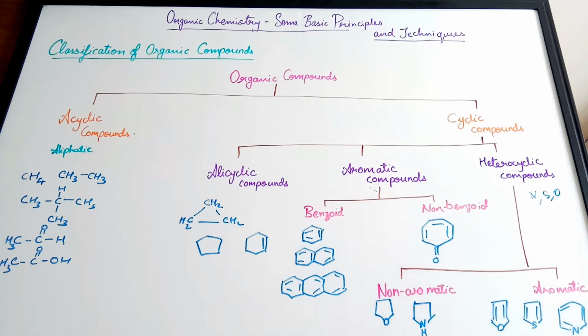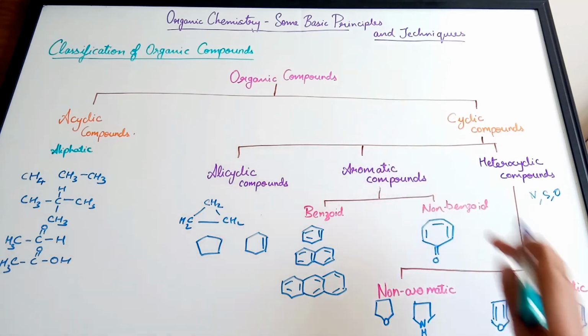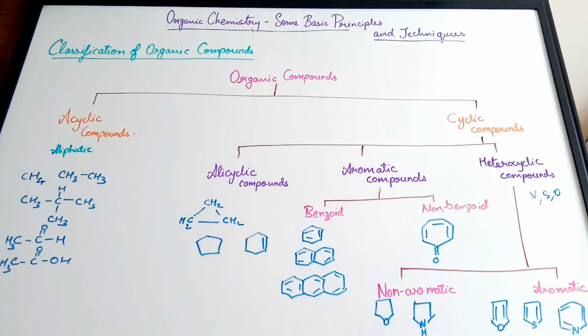For aromatic, again, you have three conditions to do with whether these are aromatic or not, and I think I'll put a video about that at the end of this chapter. So organic compounds are basically classified into two, acyclic and cyclic compounds. Acyclic are also called aliphatic compounds. They consist of open chain carbons, and these chains can even be branched.